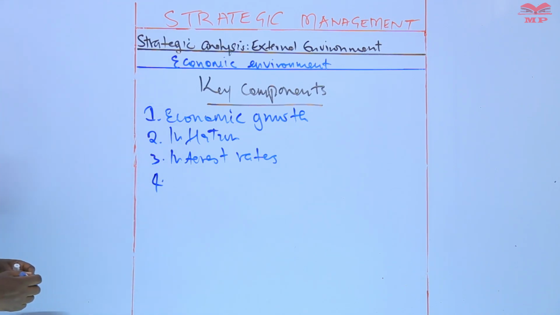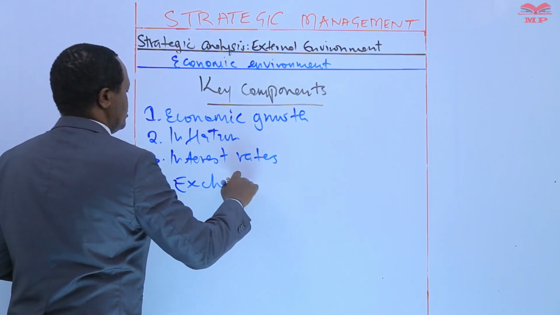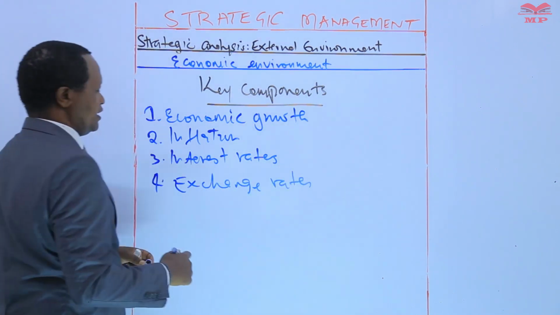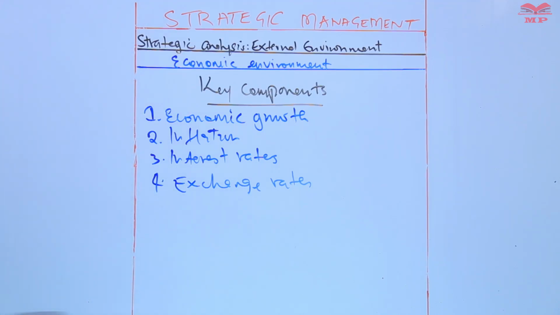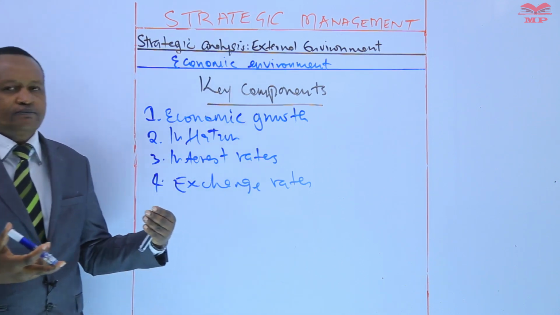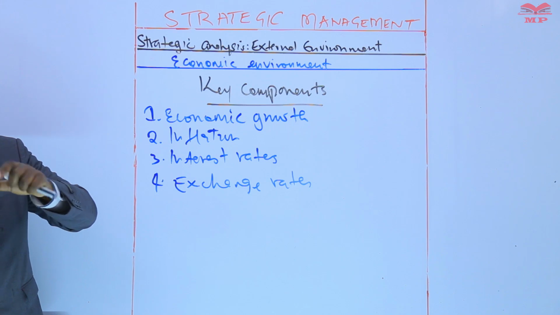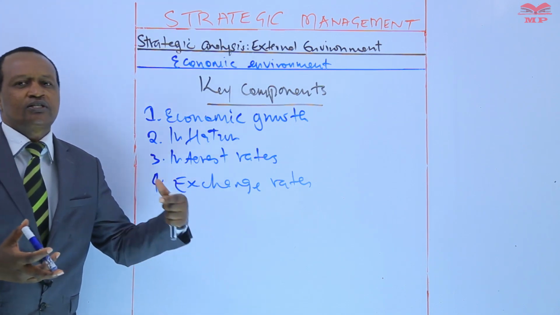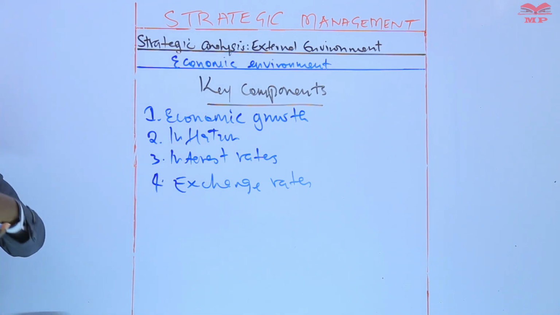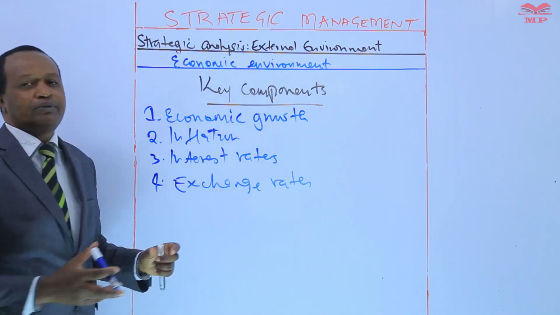The fourth component of the economic environment is exchange rates. Now, for businesses operating in international markets, exchange rates are crucial, such that fluctuations in exchange rates can affect the cost of imports, the price of exports, and the overall profitability of the company.